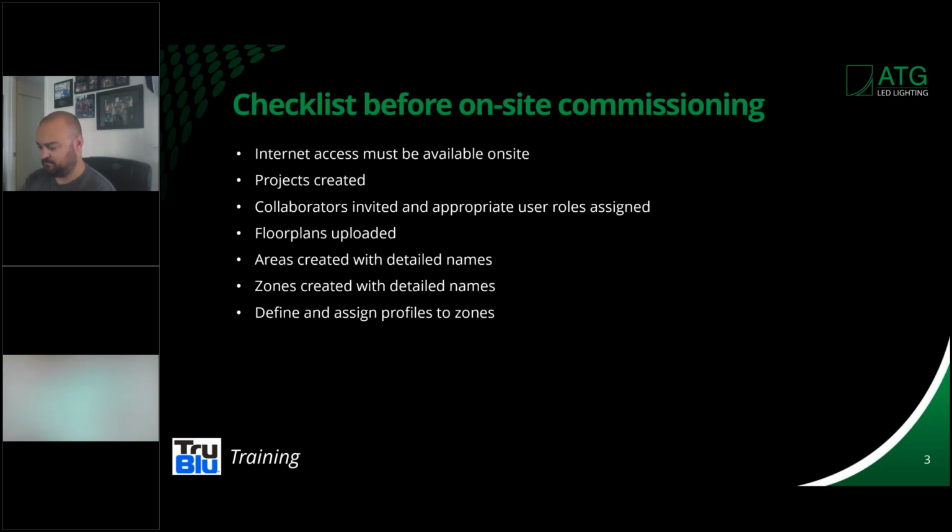You've uploaded your floor plan. You've created areas and named them. You've created zones and named them. And you've also defined the profiles within each zone about how they will be controlled. And we'll talk about a couple of examples as we go through this training. So in other words, you've already done all of this work and now you're going to the job site.